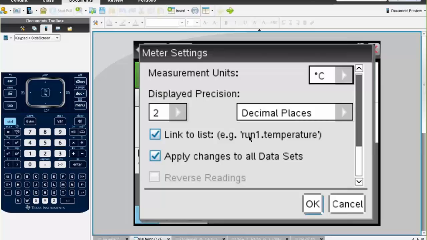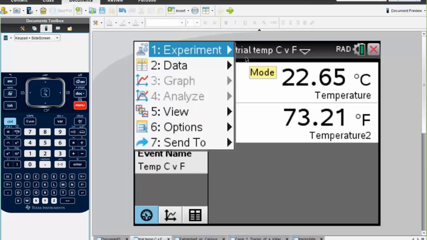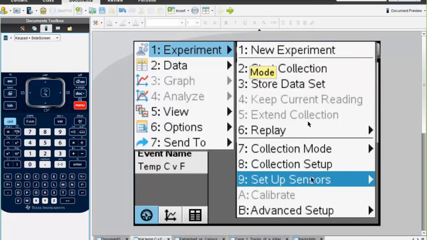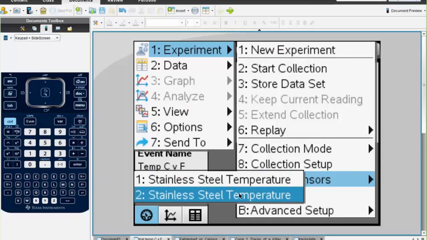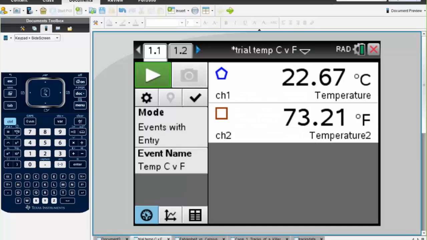It says that it's going to put the data in run1.temperature, which is good to note if you're doing the experiments a couple of times over. Then I'll click OK, and I go through and do the same thing very quickly with my second sensor. This time I've set it at Fahrenheit. So now I've got my sensors gathering data, sensor 1 in Celsius, sensor 2 in Fahrenheit.